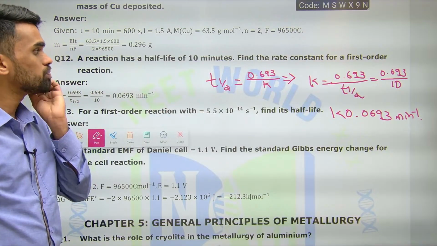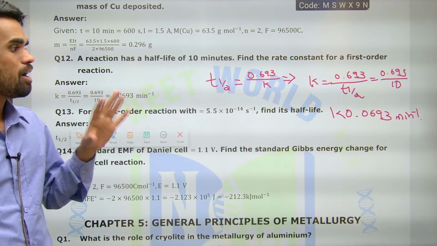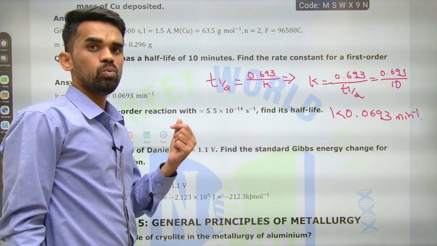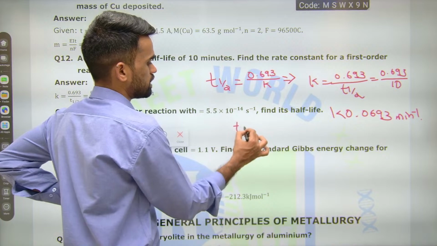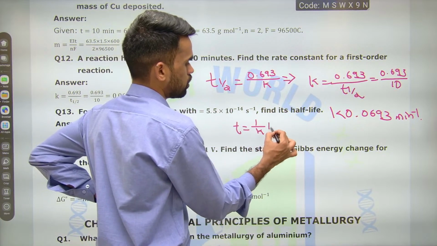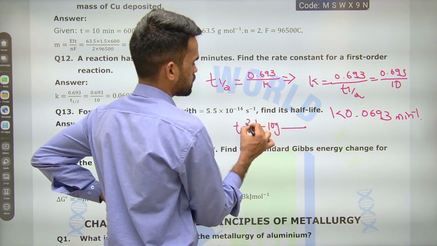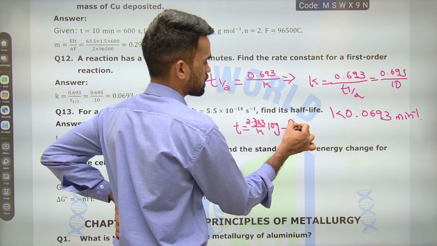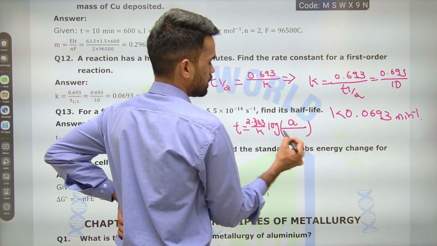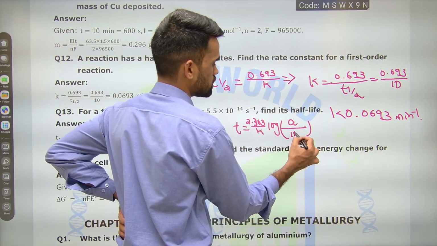Now, sometimes they may also ask you for the integral equation for a first order reaction. See, you can use this: t is equal to 2.303 by K log of a by a minus x, where a is the initial concentration of reactant A, and at some time t the concentration is a minus x.